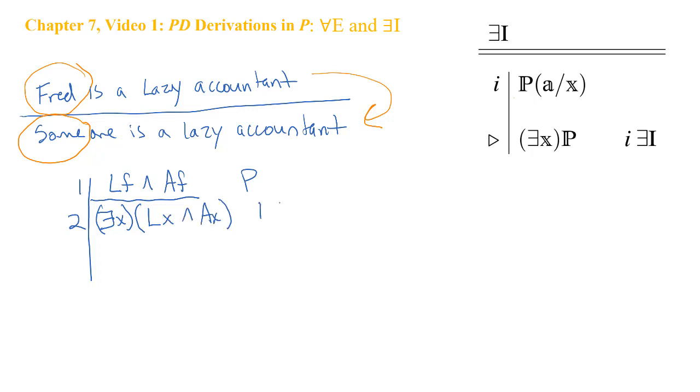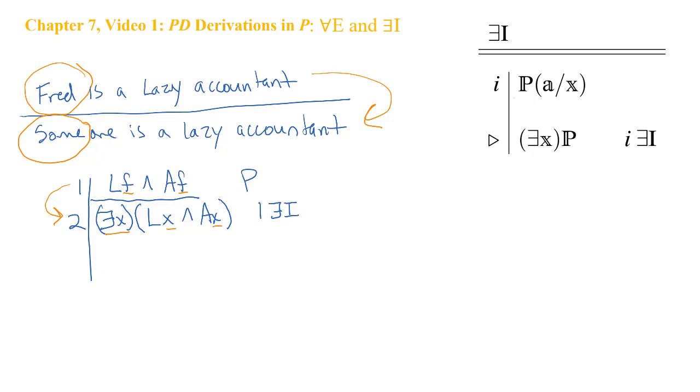And that comes from 1 by existential introduction. You can see how, given a claim that talks about Fred in particular, we existentially generalize to the existential claim where the name Fred drops out.